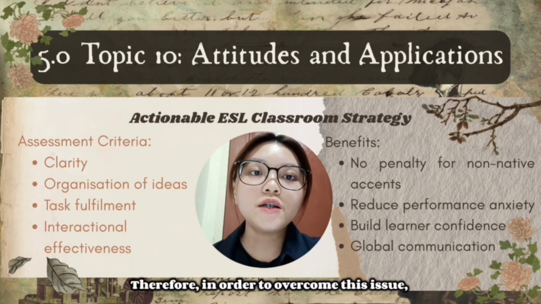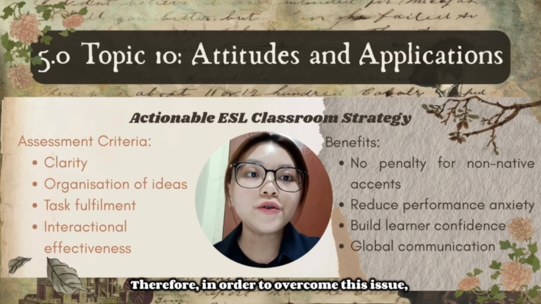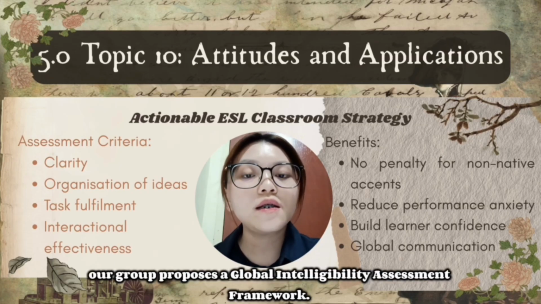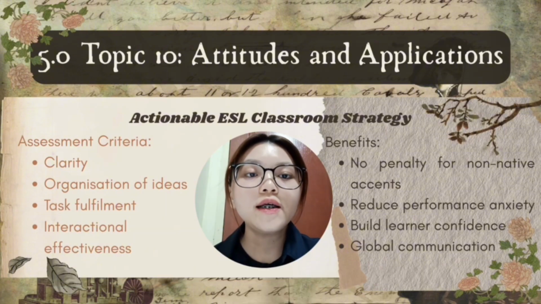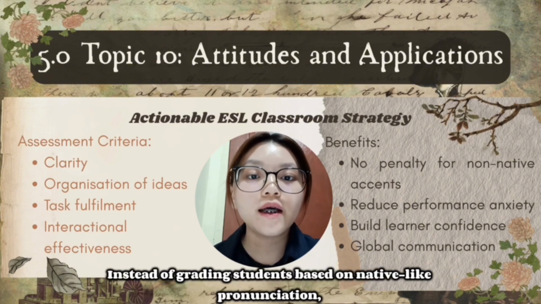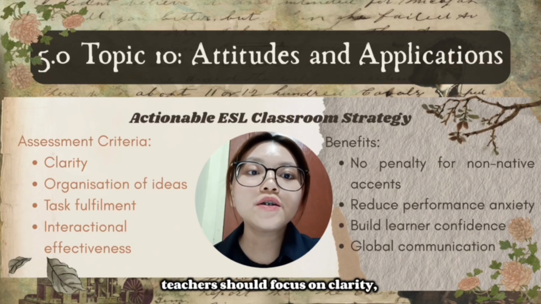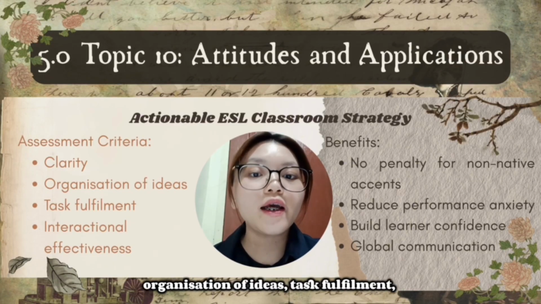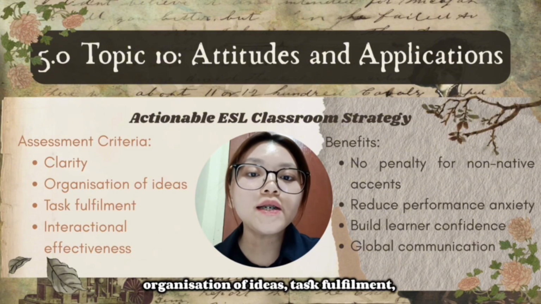Therefore, in order to overcome this issue, our group proposes a global intelligibility assessment framework. Instead of grading students based on native-like pronunciation, teachers should focus on clarity, organization of ideas, task fulfillment, as well as interactional effectiveness.